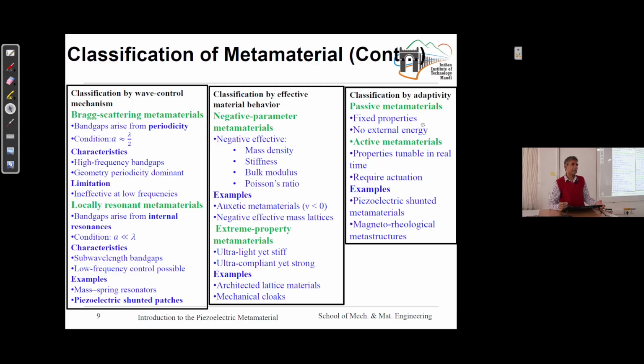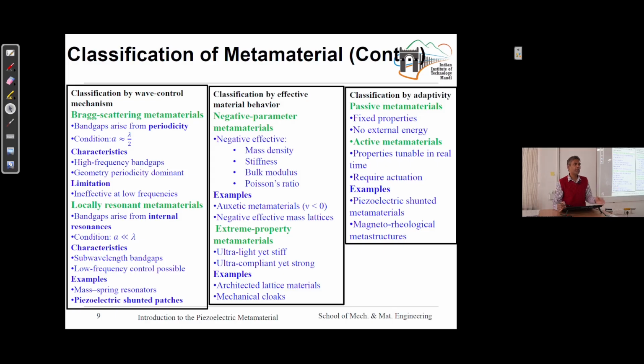Suppose we have rho equal to 0, for example, then we cannot change this again when the system is under operation. However, in case of active metamaterial, we can change rho according to our requirement. Though we had made the metamaterials, we can still change it when the system is operating.